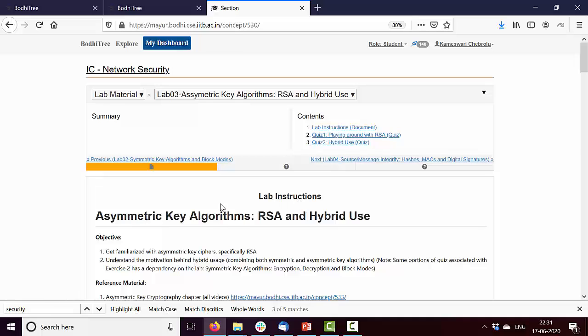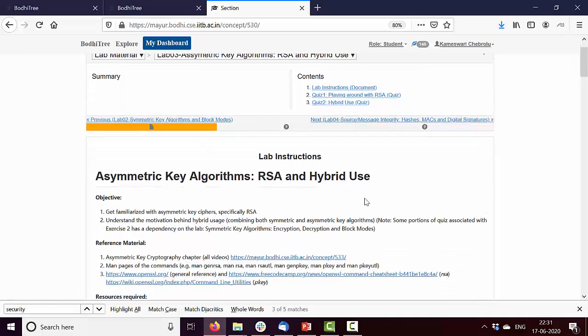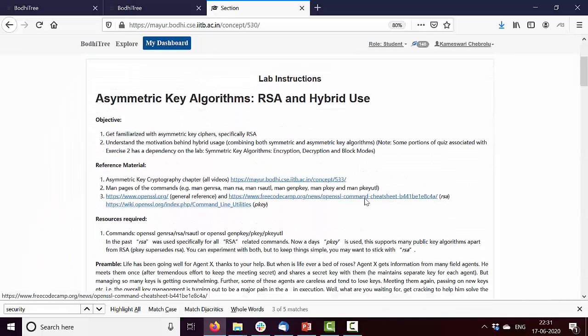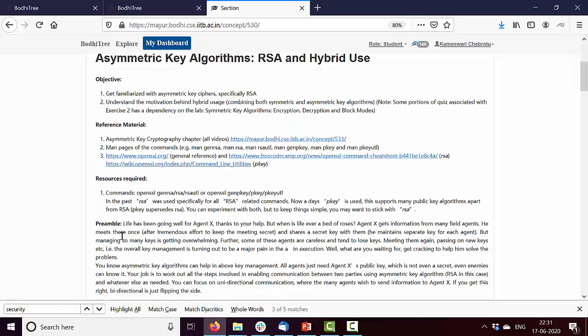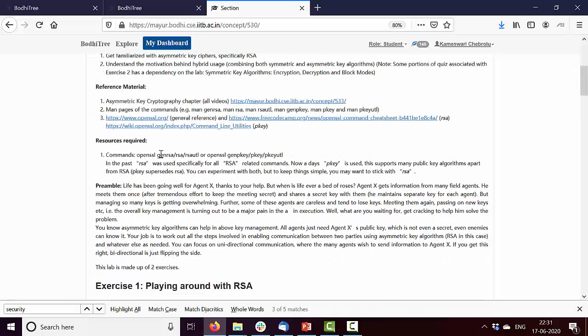In this Lab 3, there is a document which is basically about lab instructions, and then there are two quizzes associated with this lab. If you look at the lab document, these are lab instructions telling some objective, and giving some reference material. It is also telling what resources are required for this lab.